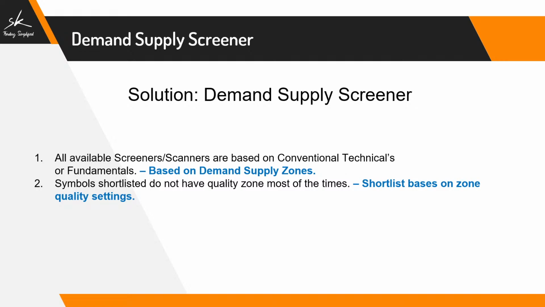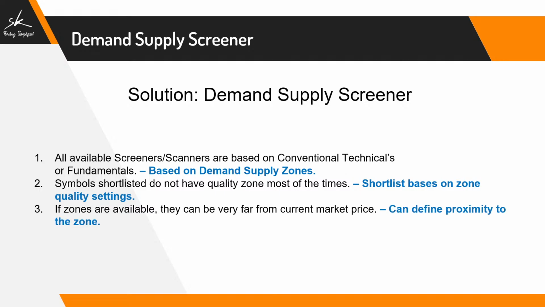Second, when it is shortlisting symbols for us, it is only shortlisting symbols based on the zone quality settings that you're using. So if you're saying, okay, I only want the best of the best zones, it will only shortlist scripts based on that particular condition. If you want more number of scripts, you can always customize your quality settings, and then it will also identify scripts which are matching with your quality settings of the zone.